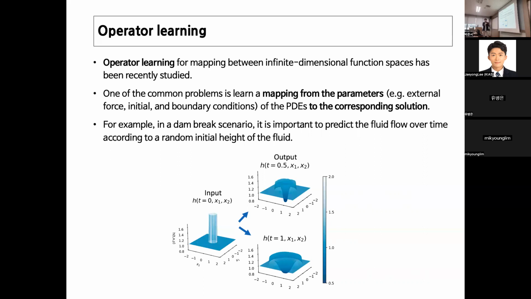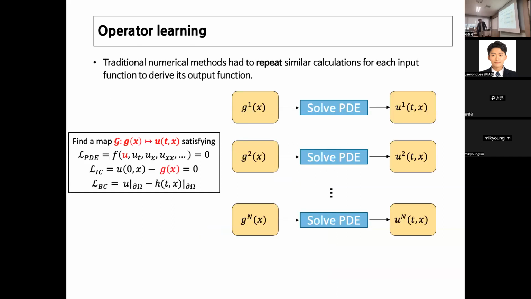In this case, if we use operator learning, then we want to find, from this initial condition, the height at any time for each position x1, x2. So it is one example of using operator learning.